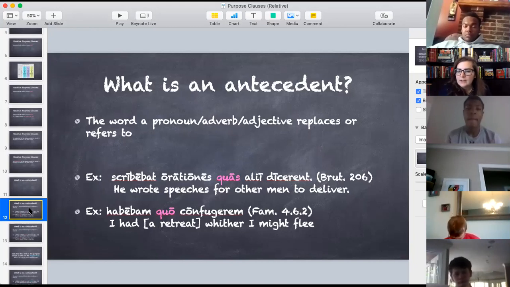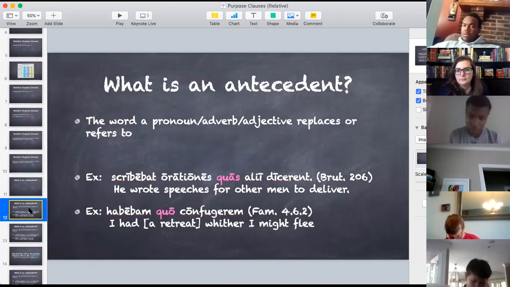And what is the antecedent? A retreat. What is the problem with the antecedent in the actual Latin? It is not there. So sometimes an antecedent is understood from a previous sentence, which was the case in this writing.